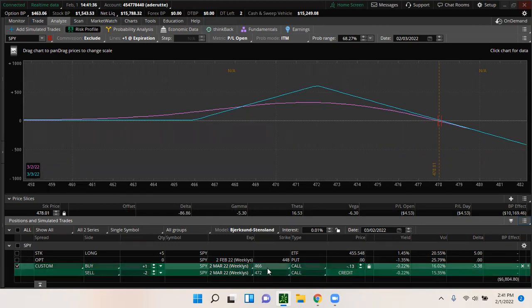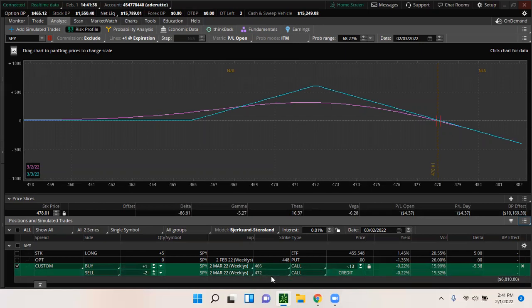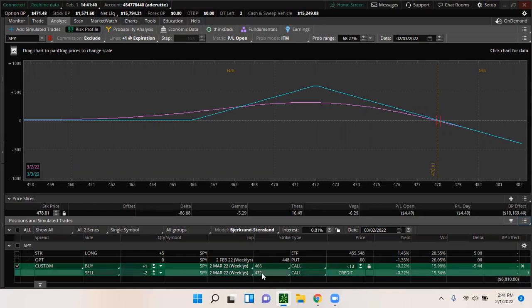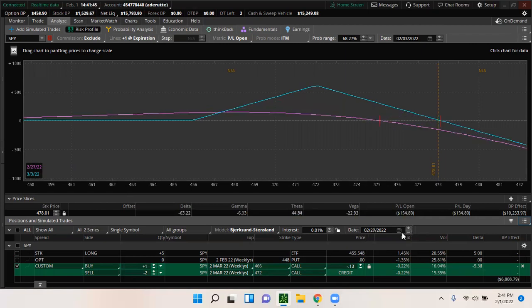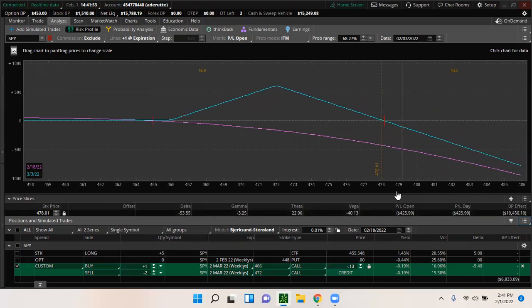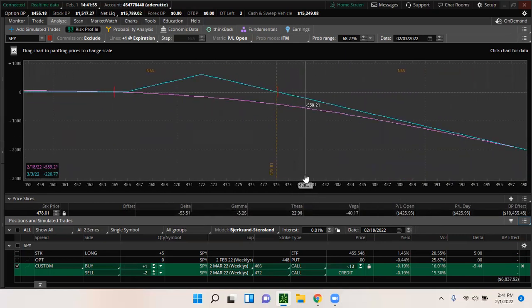So it's almost like your worst case scenario is that it goes above 472. But if that happens, you're going to be making money in the process. What's your max loss there? My max loss, doing this strategy, I never achieved it, because by the time I see we're around 460, 470, I'll exit before I reach 472.